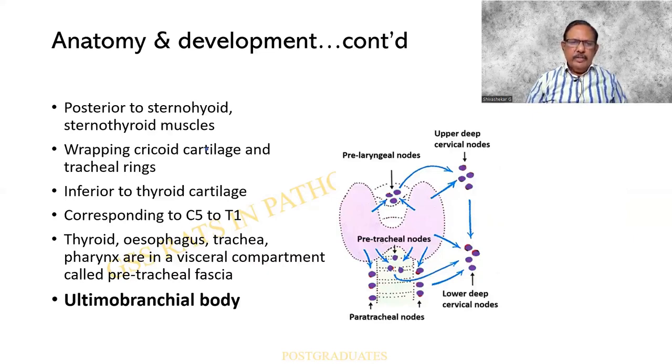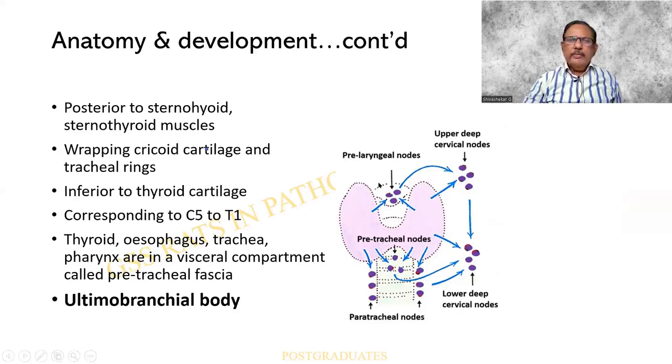Thyroid, esophagus, trachea, pharynx are all in a visceral compartment called the pretracheal fascia. So this is important both for surgery as well as the complications it shall be bearing. Ultimobranchial body is something that we will have to have in mind.